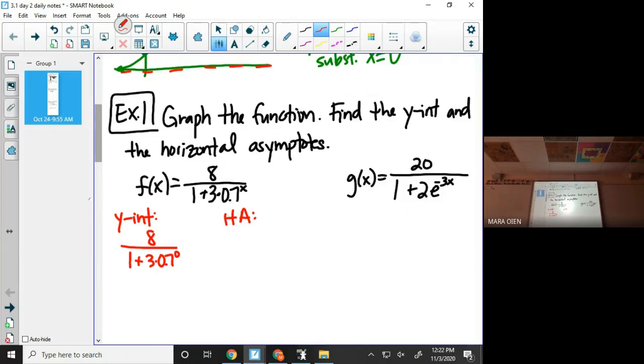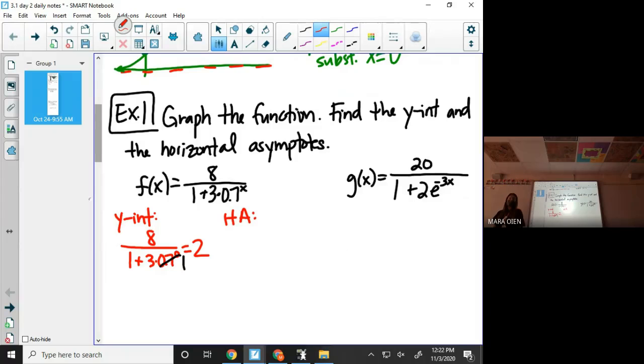So that would really be 1 plus 3 times 1. Well, 3 times 1 is 3. 3 plus 1 then would be 4. 8 divided by 4 would give me 2. This graph is going to cross my y-axis at 2. It has an initial value of 2.